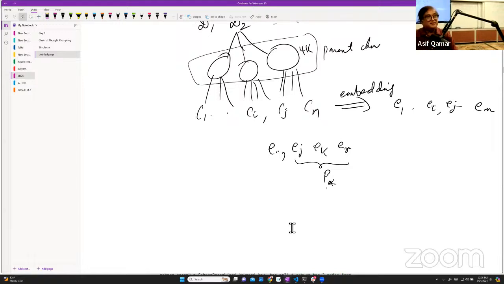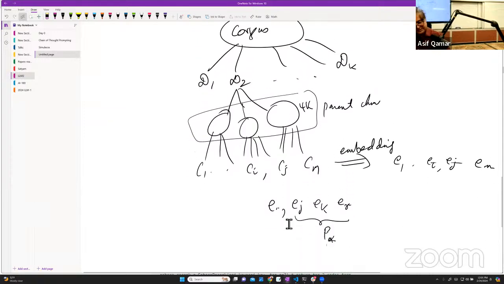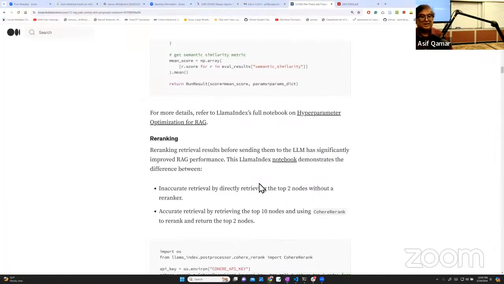So Prakash, you have been waiting. Yeah, so you said in this hierarchical mapping, you have a document, you split the document at, let's say, for simplicity, paragraph level, and each paragraph is further broken down into sentences.